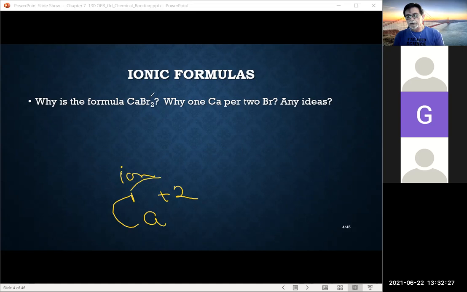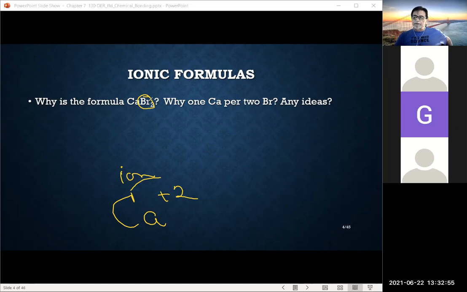Now let's take a look at the Br. We first have to determine: is Br a metal or non-metal? Well, we know its position is in the far right of the periodic table. So that right there should tell you it's a non-metal, okay? Specifically, it is element number 35. It's in group 7.